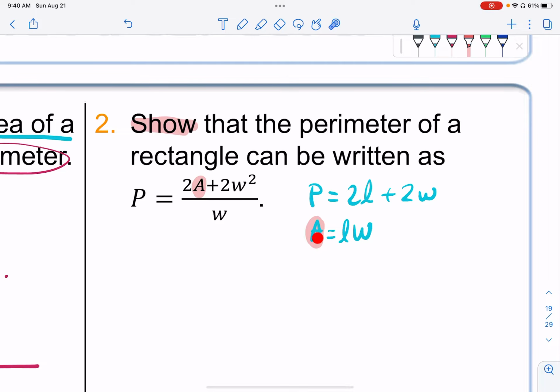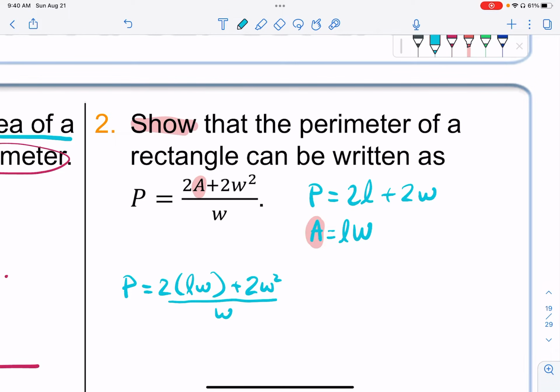So if I solve this one for A, which it's already done, I can use this L times W. I could substitute the L times W in the place of where the A was. So this becomes, after substitution, 2 times LW. And since this is all multiplication, you really don't need the little parentheses that are right there, of course, plus 2W squared, all of this over W.